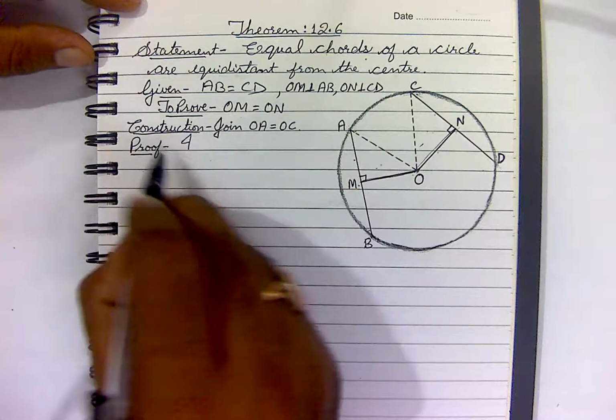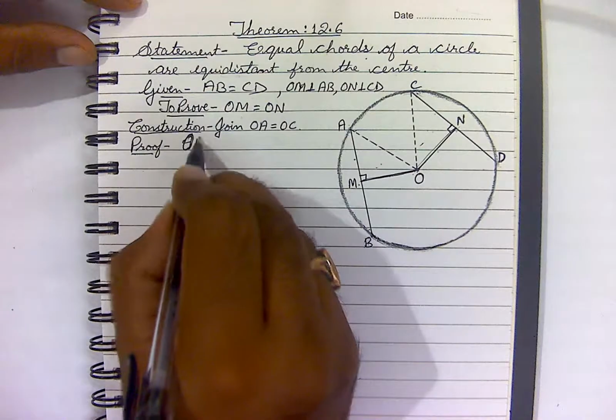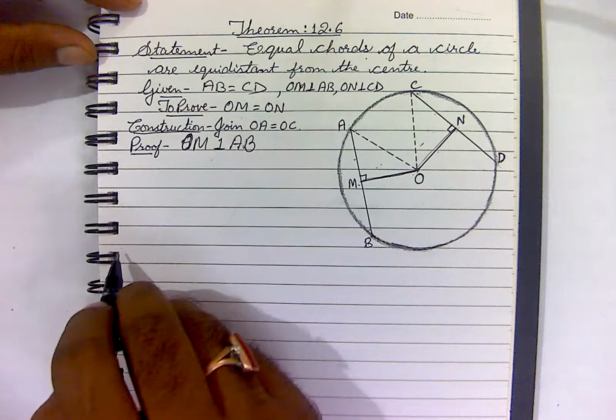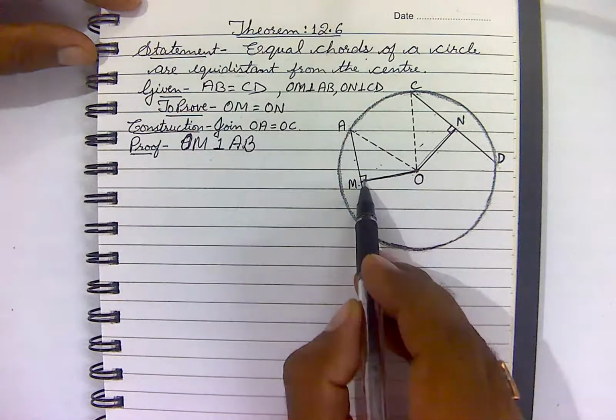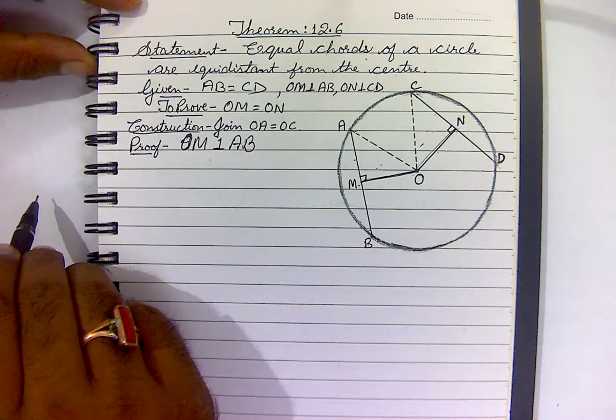It can be, because OM is perpendicular to AB. And we have just done the revision of the previous statements.